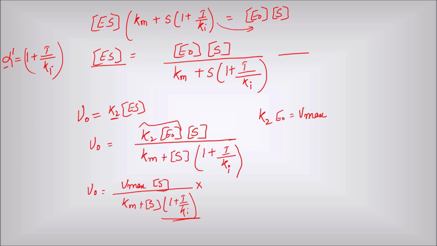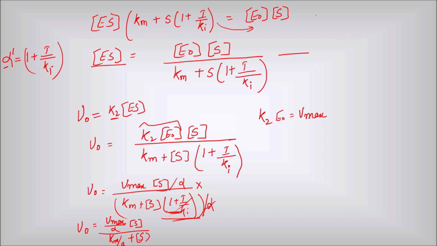So I am going to divide the above term also with alpha and this whole term also with alpha. So what I will be having is the initial velocity V naught equals V max by alpha into substrate concentration by Km by alpha divided by alpha plus substrate concentration, because this whole term is alpha, and if you divide this whole term with alpha, this alpha will be cancelled out.